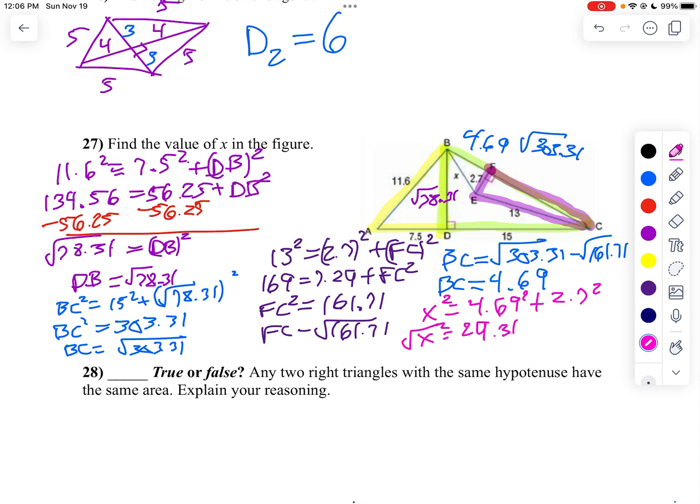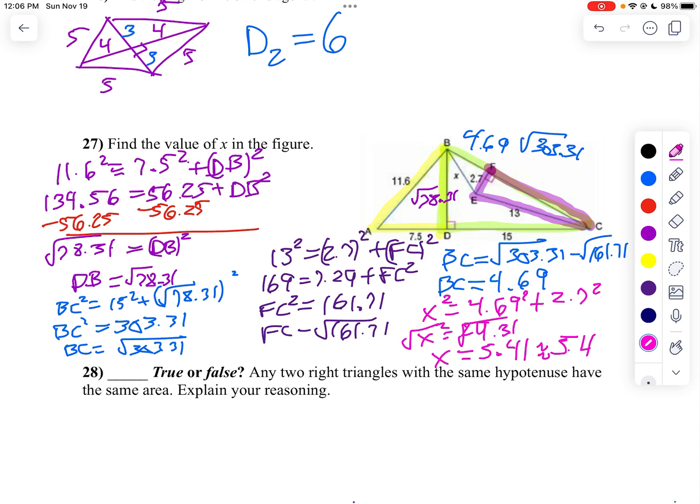And then we take the square root and we get 5.41, which is approximately what x is. And since it will be rounded to the nearest tenth, I'll say it's about 5.4.